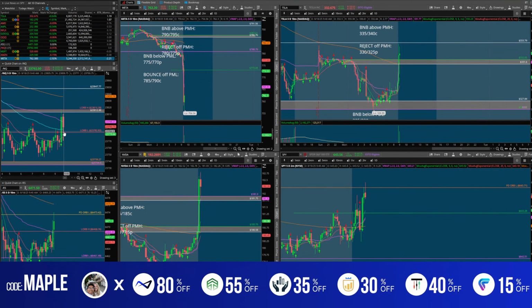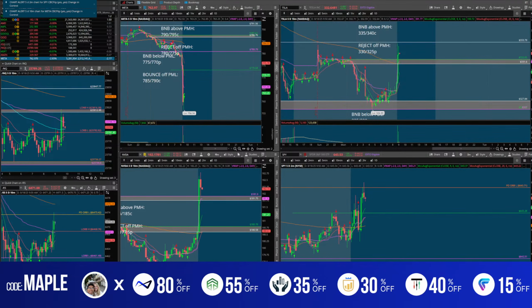If they can stay above the London or below it, it can be decent. That tweezer top off the VWAP rejection, not super pretty. And it looks like maybe SPY wants to come back to the lower time frame EMAs one more time.